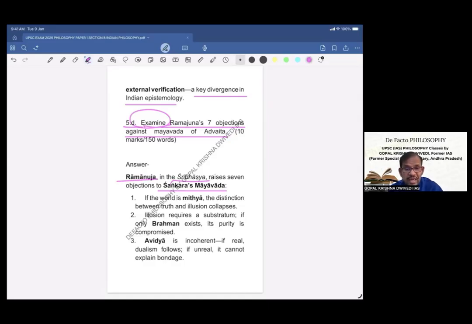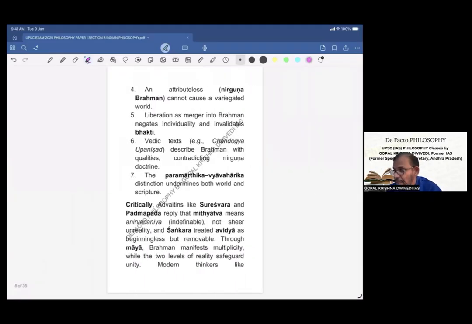If unreal, it cannot explain bondage. Fourth, an attributeless, that is Nirguna Brahma, cannot cause a variegated world. Fifth, liberation as a merger into Brahma negates individuality and invalidates bhakti. Sixth, Vedic texts, for example Chandogya Upanishad, describe Brahma with qualities, contradicting the Nirguna doctrine.